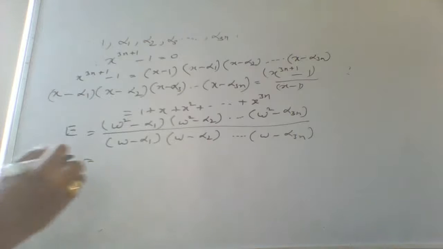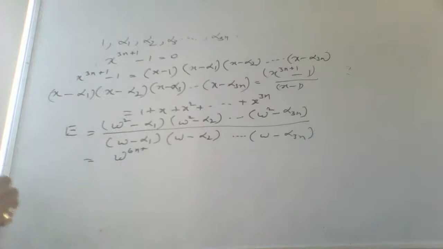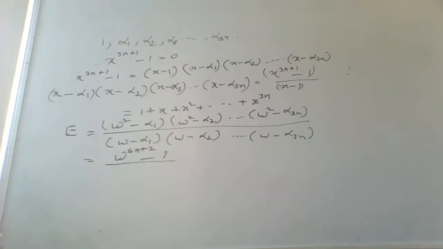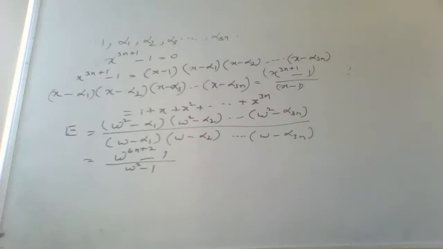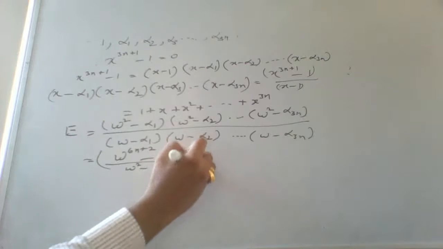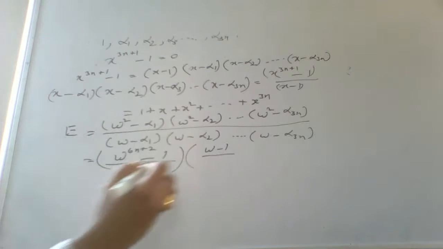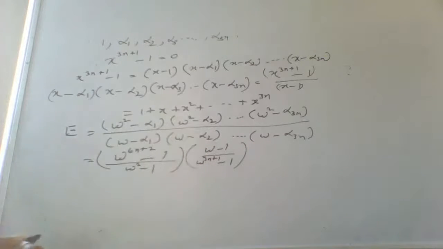Now this is omega to the power of 6n plus 2 minus 1 divided by omega square minus 1, multiplied with omega minus 1 and omega to the power of 3n plus 1 minus 1.